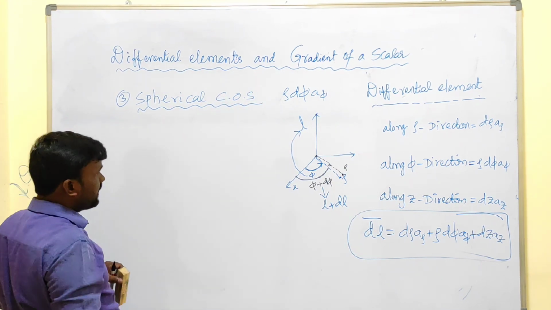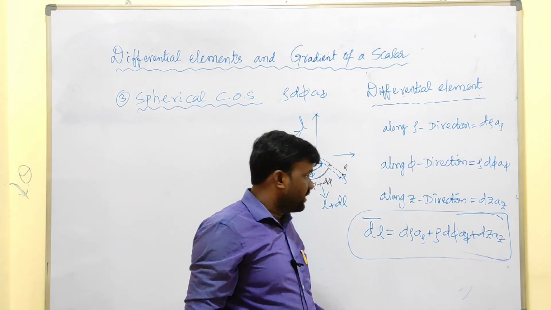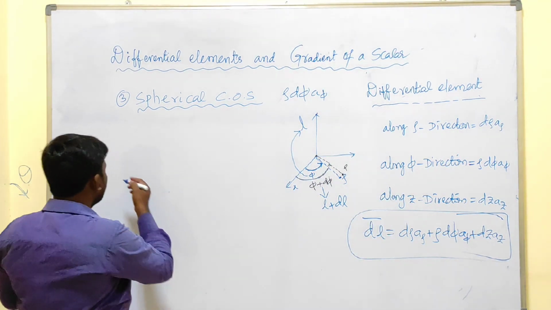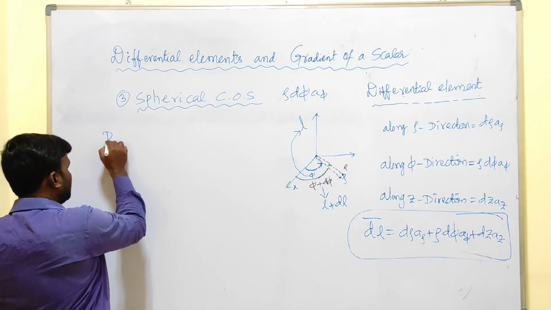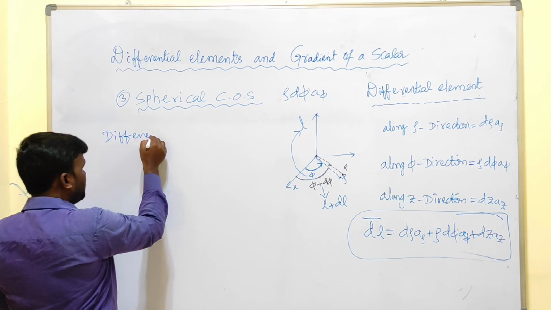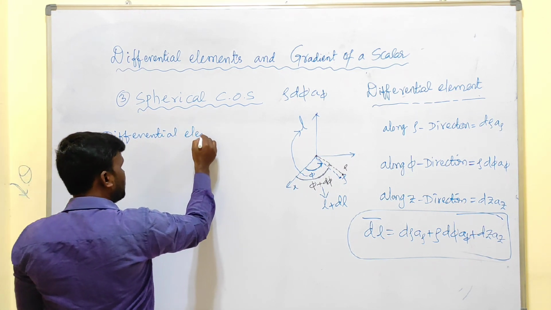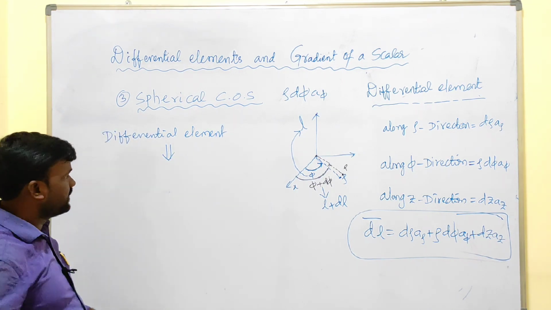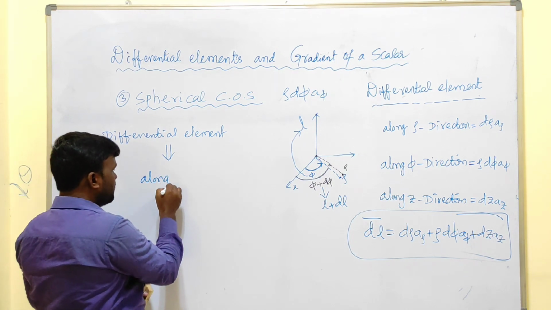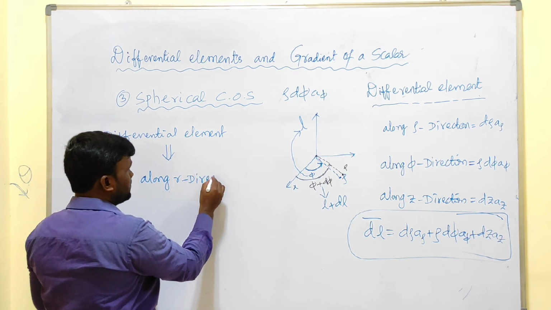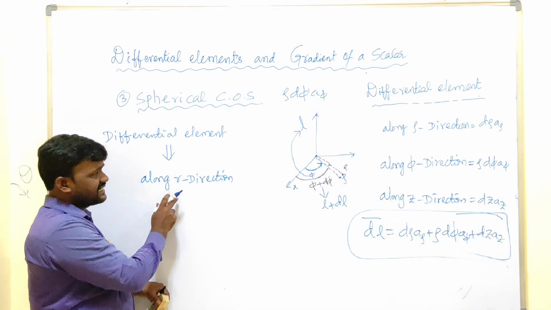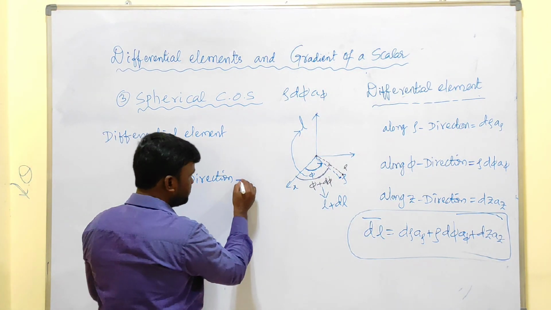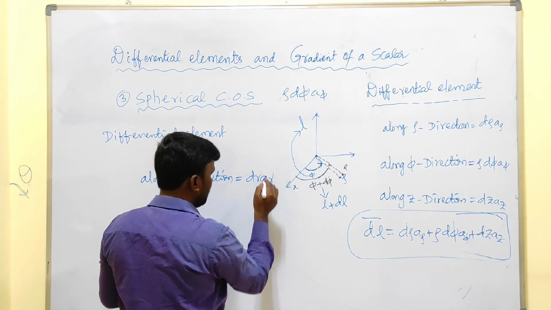Differential element along rho direction we considered as d rho a rho. Similarly here, the differential element along r direction, this is taken common to all these elements, r theta phi. Along r direction, it is just like the radius of cylinder rho here, but the radius is r, that is dr a r.